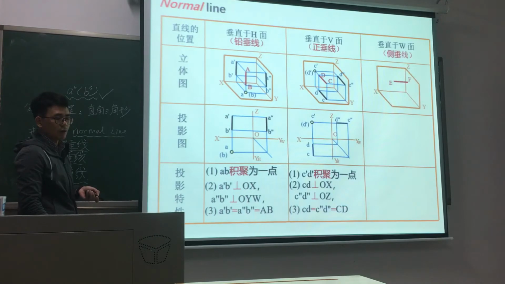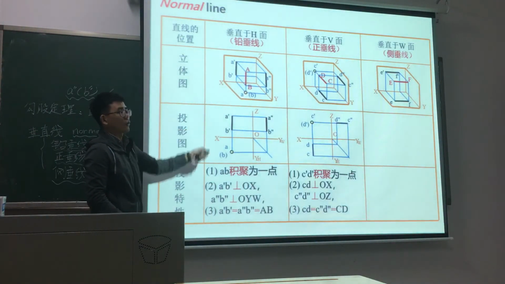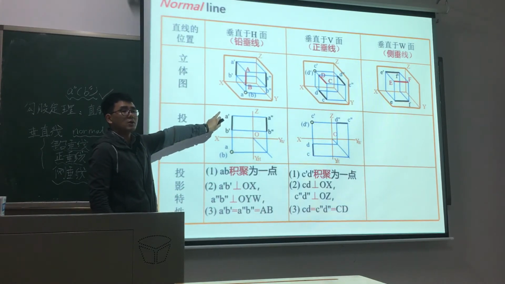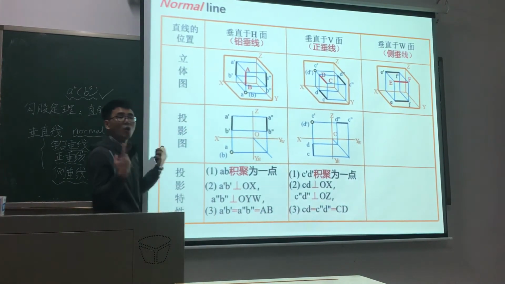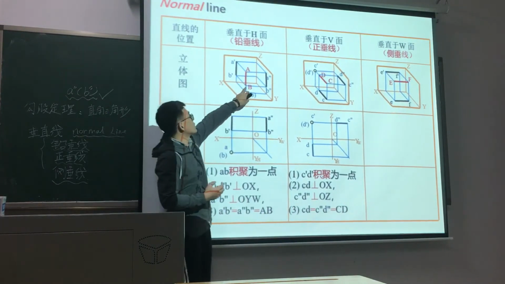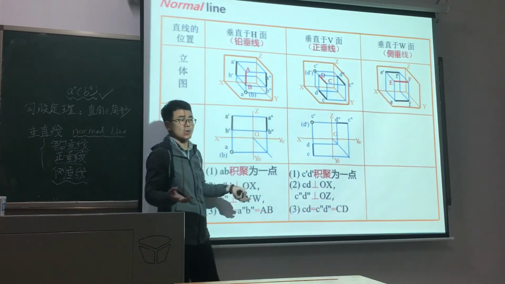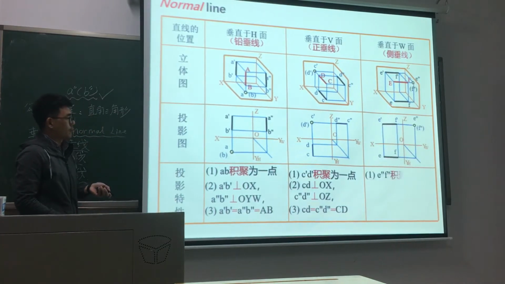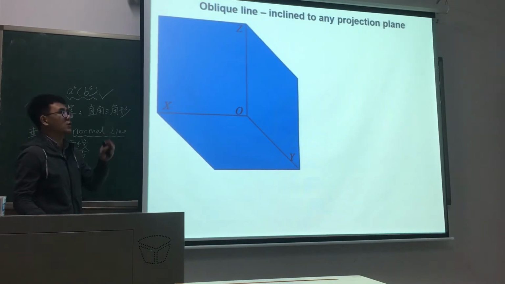So please tell me the angle of AB to this plane. How many degrees? This angle is 19. Yes, only 19. And the angle to this plane is 0 because it is perpendicular. Okay, so we have finished the two kinds of lines.